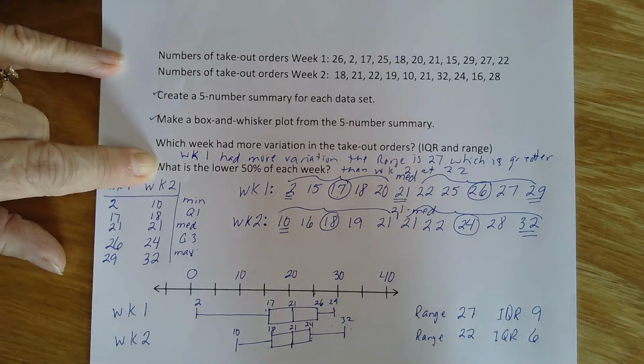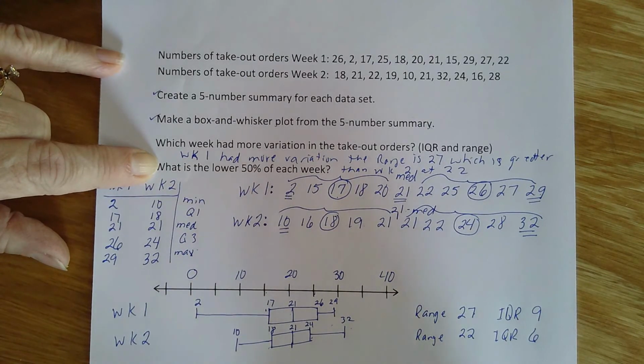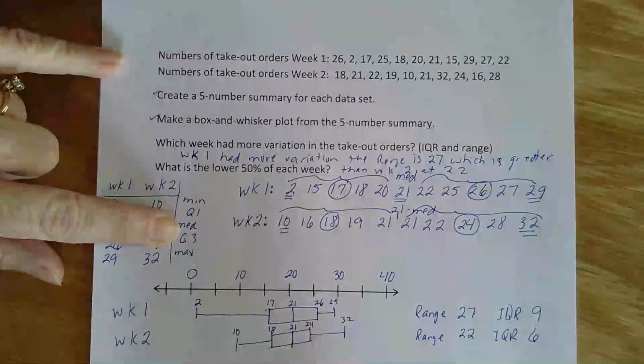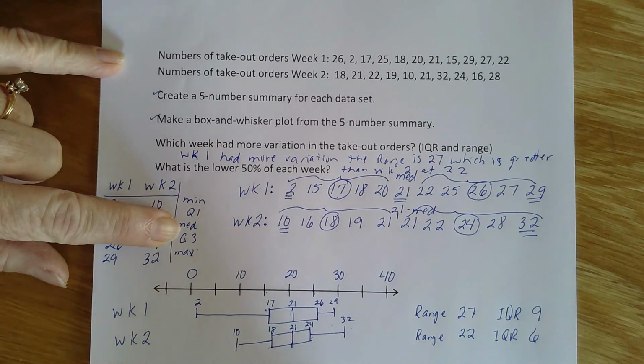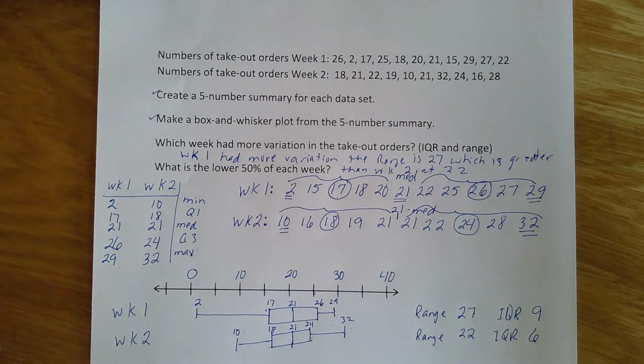Each week, fewer than 21 orders, so each week, 21 or fewer takeout orders is the lower 50%.